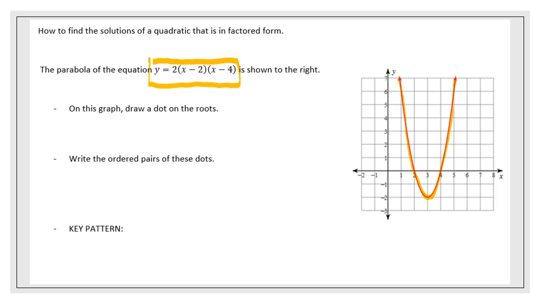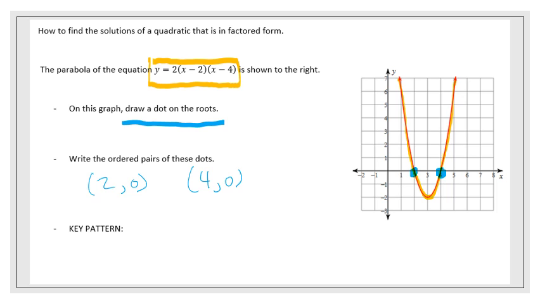We're going to draw dots on the roots. The root is where the parabola touches the x-axis. So here's one root, and there's another root. We could write these two roots as ordered pairs. One of them will be 2, 0, and the other root will be 4, 0.